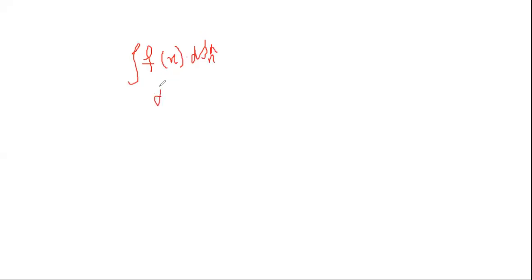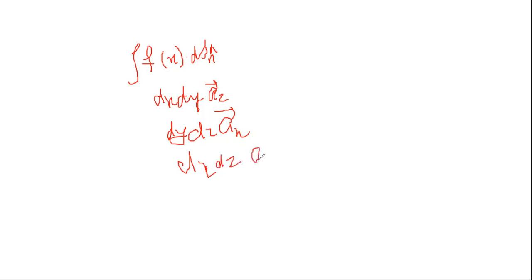Yesterday we have already seen that there are three possible expressions: dx dy az, dy dz ax, and then what will be the last one? dx dz ay. This is called Cartesian. In cylindrical it will change, and in spherical also it gets changed, in terms of rho, phi and z in cylindrical, and in terms of r, theta and phi in spherical.